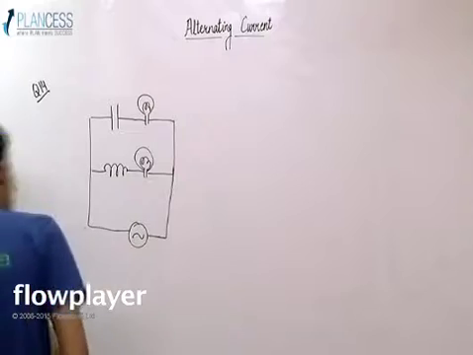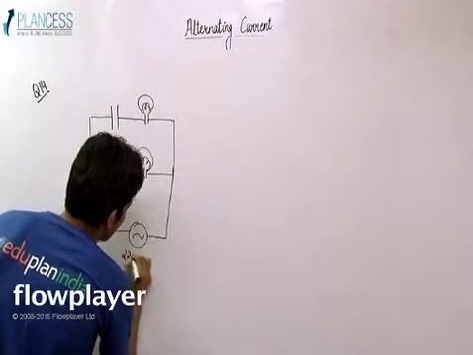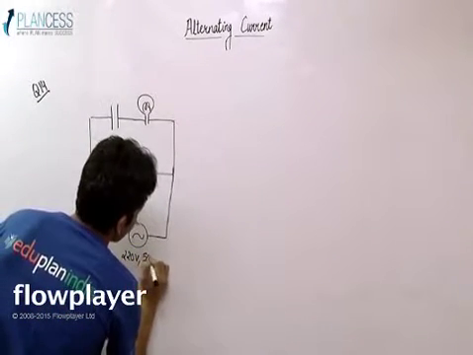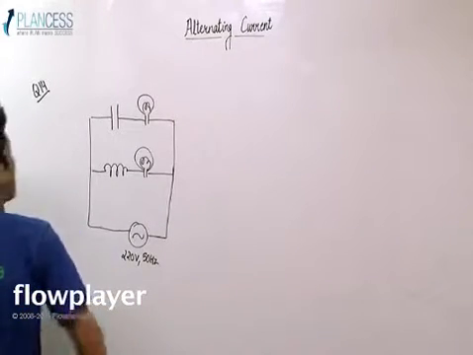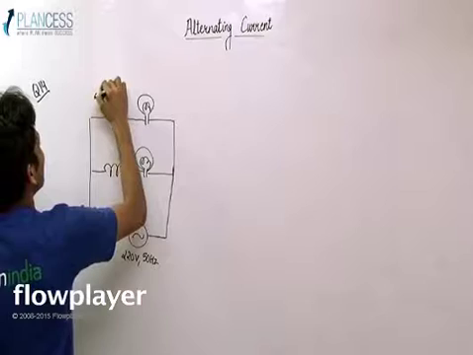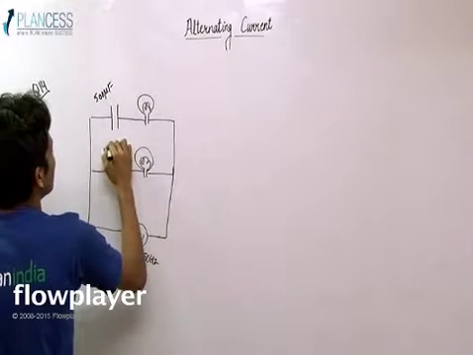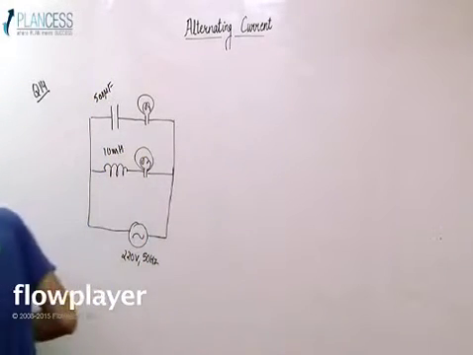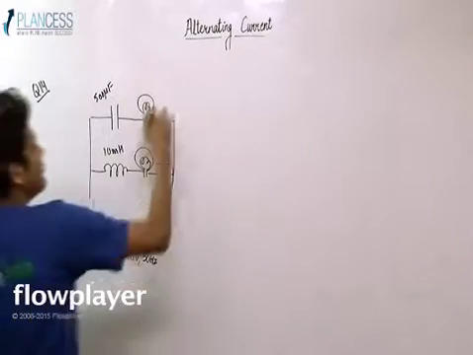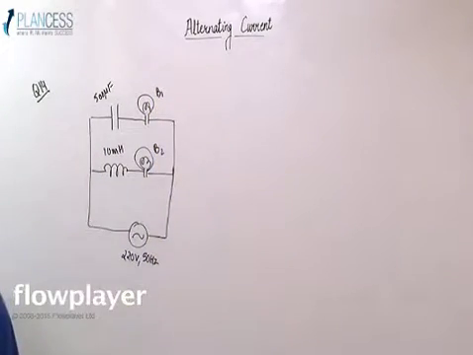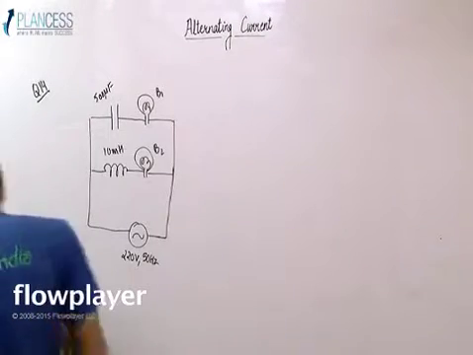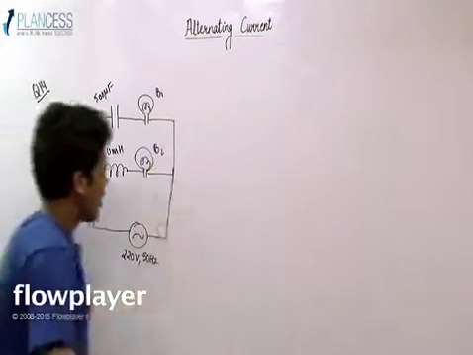The AC source is 220 volt, 50 hertz, and values are given as 10 millihenry and 500 microfarad. The bulbs are V1 and V2, and it is said that V1 and V2 are identical.